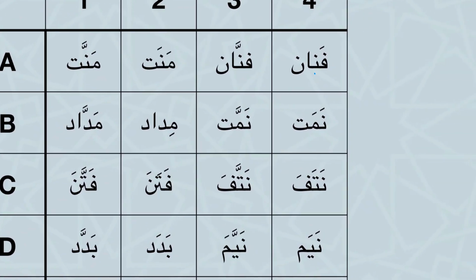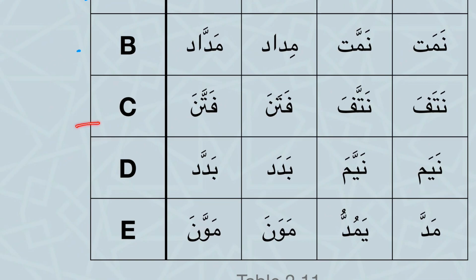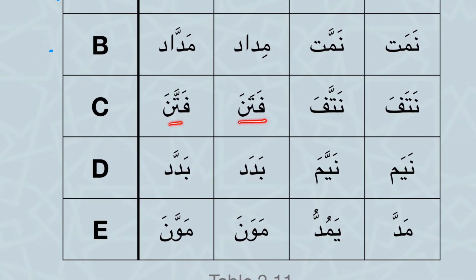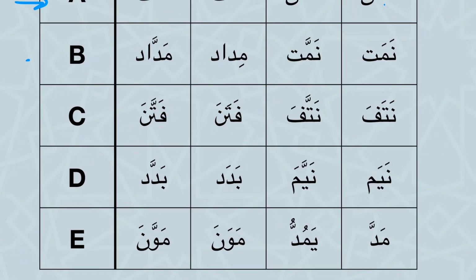We'll start with this one: nimt. See? We'll start with here and then jump to the geminated one. So it's fa fatha, ta fatha, noon fatha. So it's fatan and fattan.